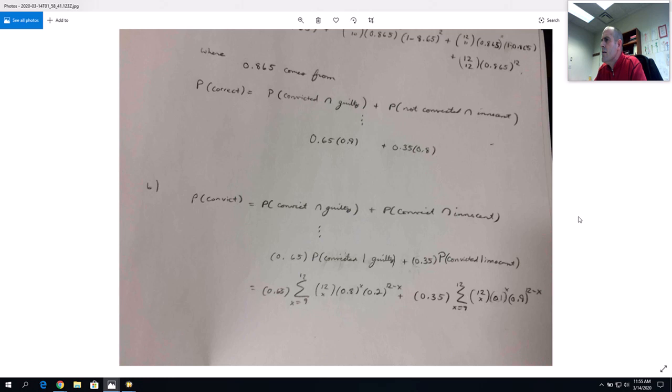Now, I guess I don't understand this computation right here. You say the probability that they are correct is the probability that they vote to convict and the person is guilty, plus the probability that you vote to acquit and the person is actually innocent.